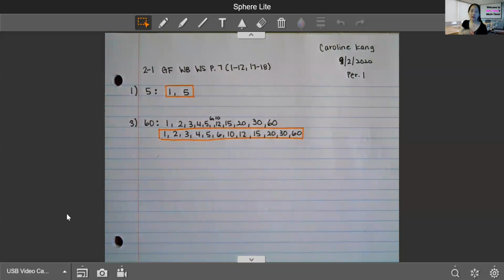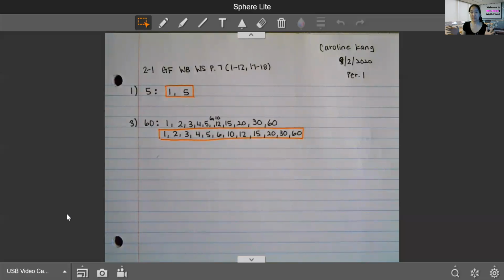By the way, when you're asked what are the factors of 60, a lot of students say 1 times 60, or 2 times 30. You're not giving me what numbers you are multiplying to get 60. When somebody asks what are the factors of 60, you say 1 is a factor of 60. 2, 3, 4.